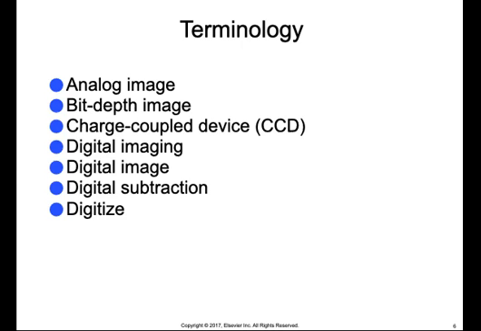Digital subtraction, which is one feature of digital imaging, is a method of reversing the grayscales as an image is viewed. And to digitize, in digital imaging, is to convert an image into a digital form that can be processed by a computer.